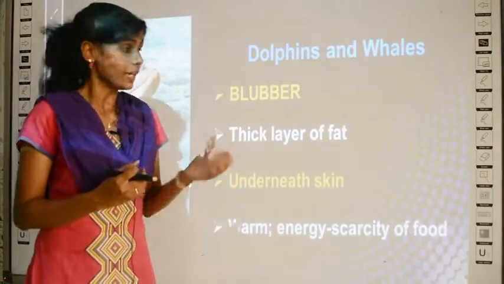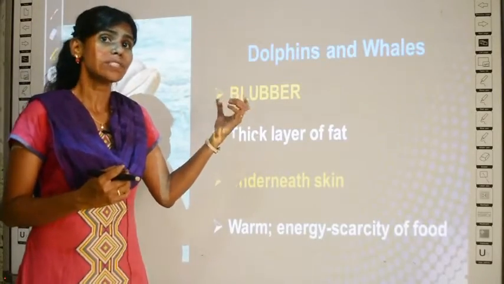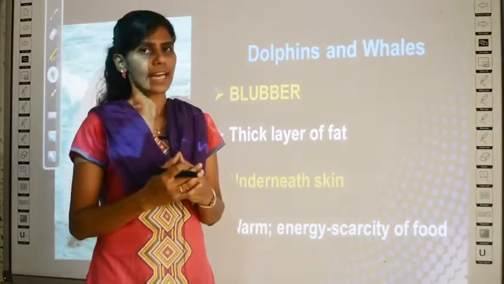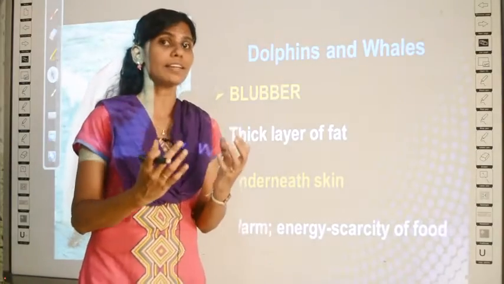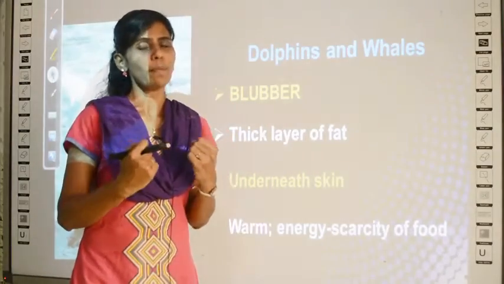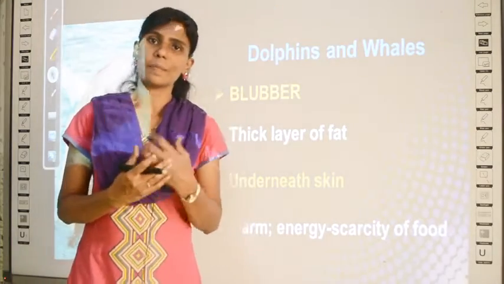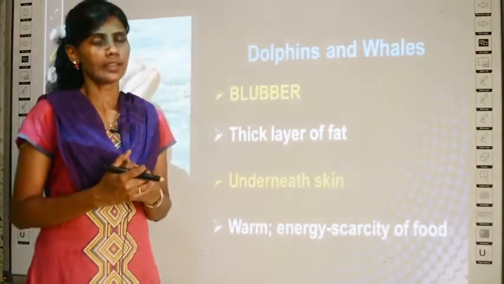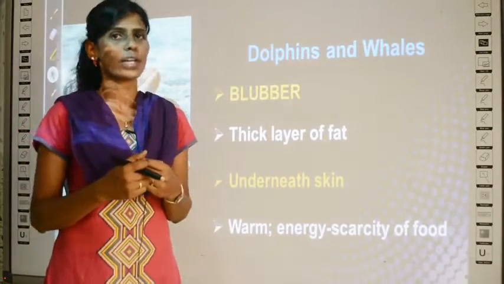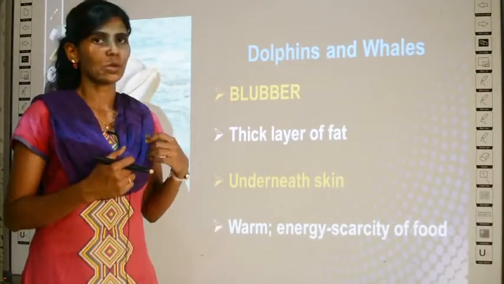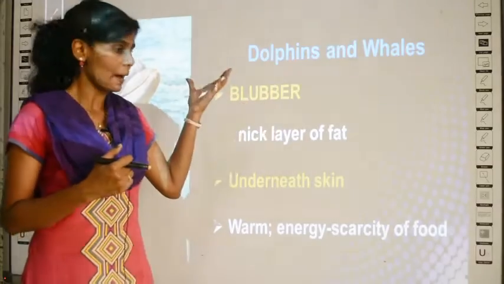This blubber gives warmth to the dolphins and whales, which means it prevents them from the cold climate in the water regions. The chill will not affect the dolphins and whales because of the presence of blubber.